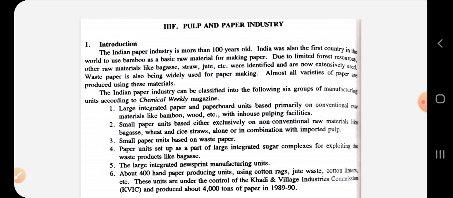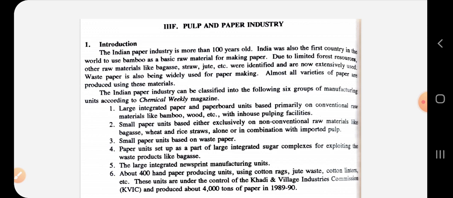So the Indian paper industry is more than 100 years old. India was also the first country to use bamboo as the basic raw material for paper making. Broadly, if we want to classify the Indian paper industry, it can be classified into 6 groups.